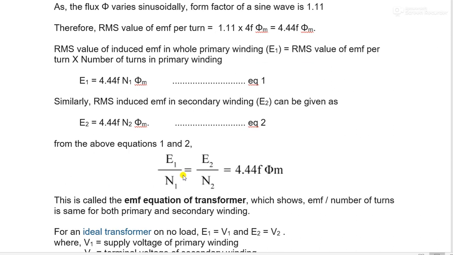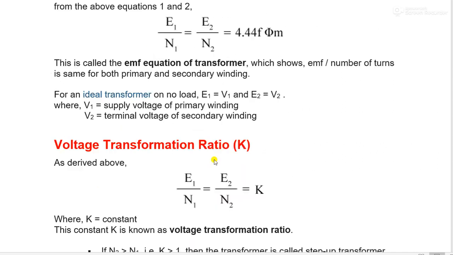From equation 1 and equation 2, we can evaluate E1 upon N1, EMF of primary divided by number of turns of primary, which is equal to EMF of secondary divided by number of turns of secondary, which results in 4.44 f times phi m. This is called the EMF equation of a transformer, which shows the EMF per turn is the same for both primary and secondary winding.